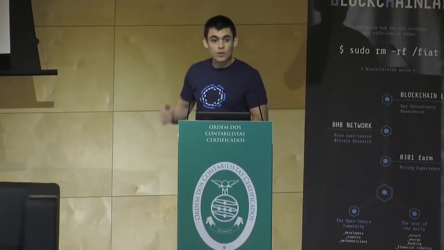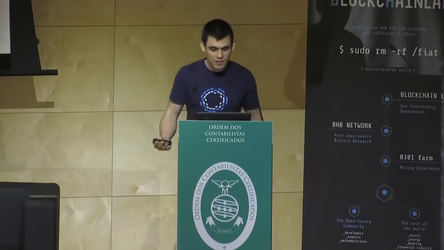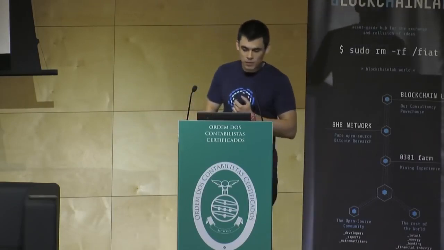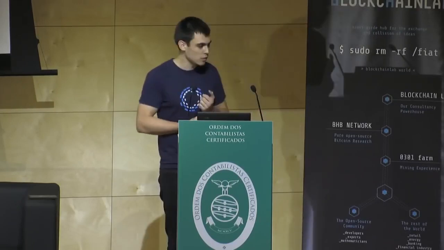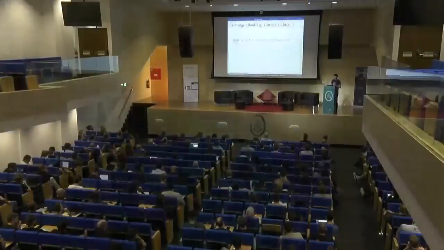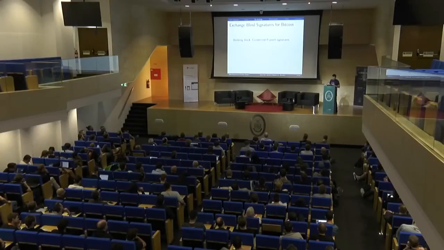And now how can you buy blind signatures this way? One building block you need is so-called committed R-point signatures. They have also been used, for example, in discrete log contracts.